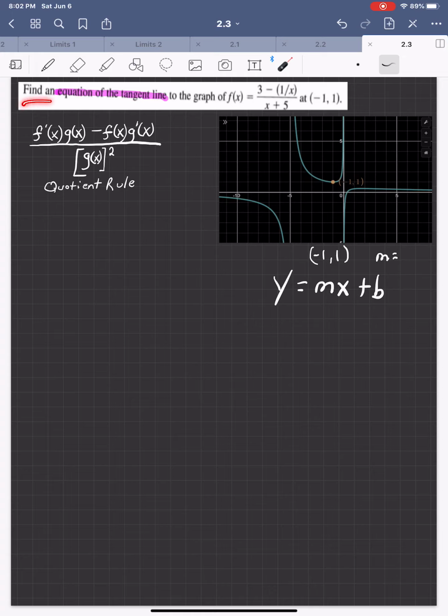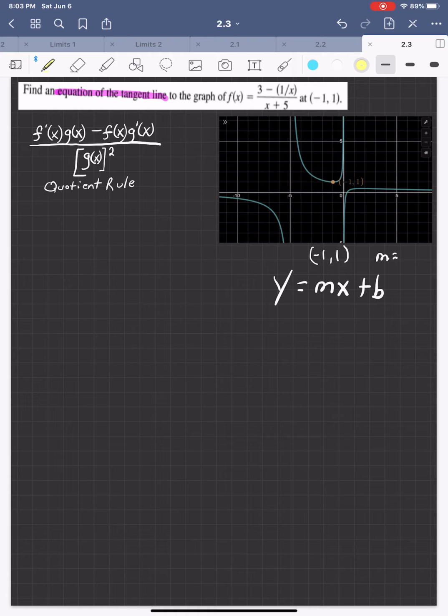So, find the equation of the tangent line to the following graph, 3 minus 1 over x divided by x plus 5, and that's at the following point. So here's the graph of f, and here's the point that's of interest to us. And there's some tangent line to that point, and we want the equation of that tangent line. Okay, so first things first, we need a derivative.